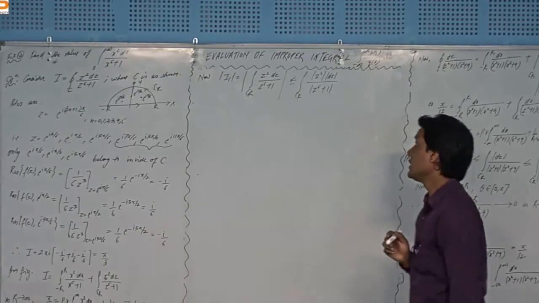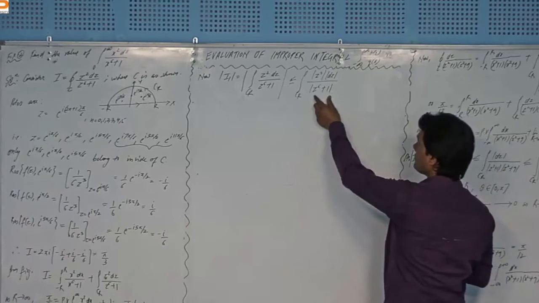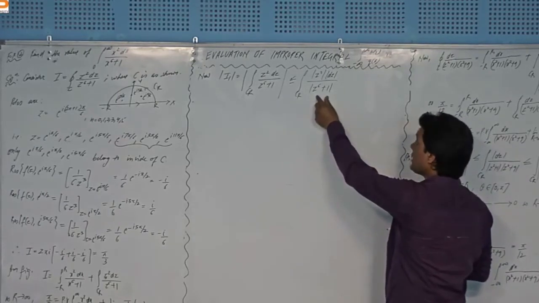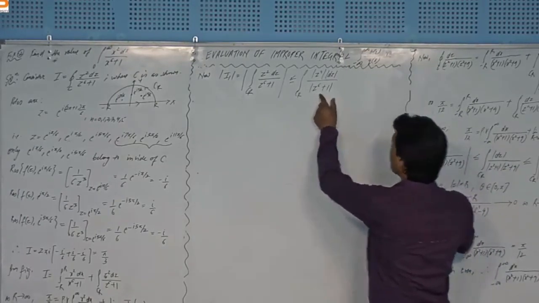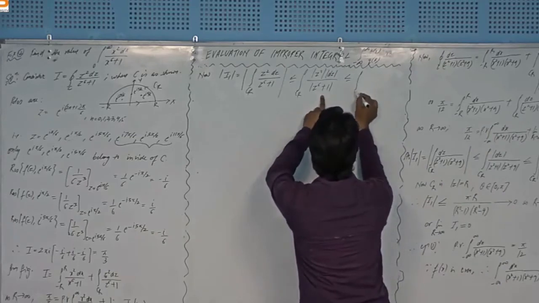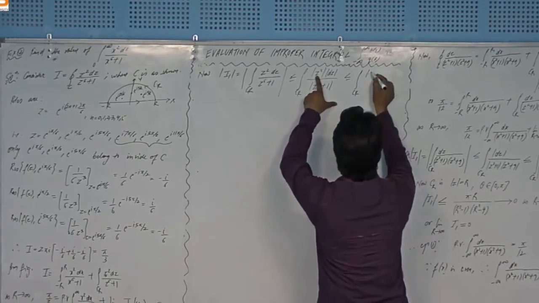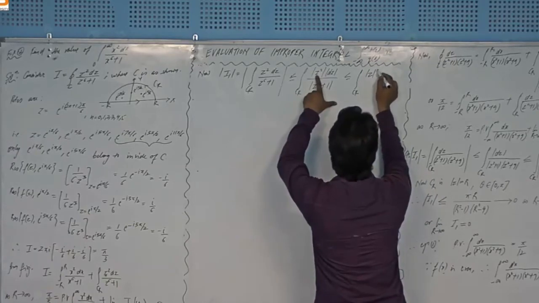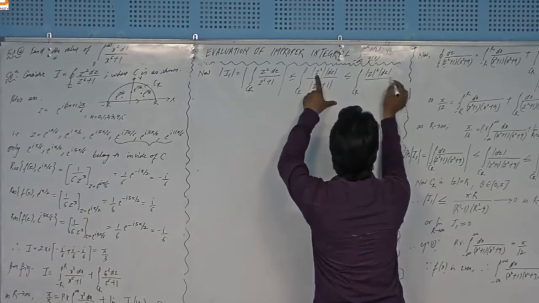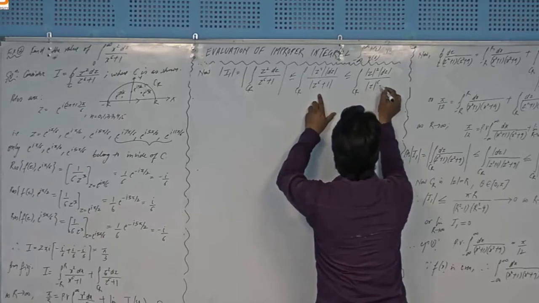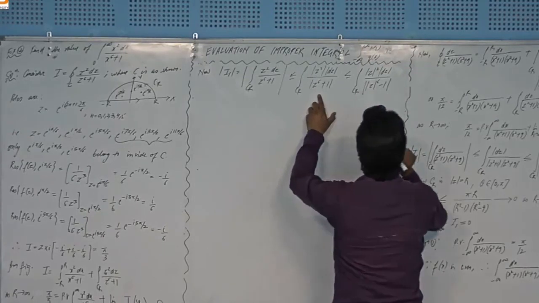Now we'll squeeze this denominator. In order to squeeze this denominator, I will write mod z square dz over mod z to the power 6 minus 1.